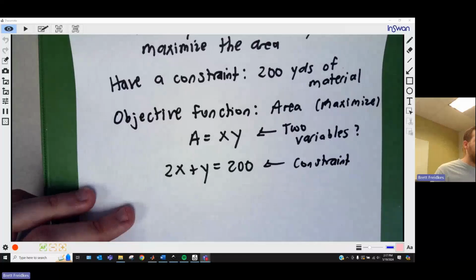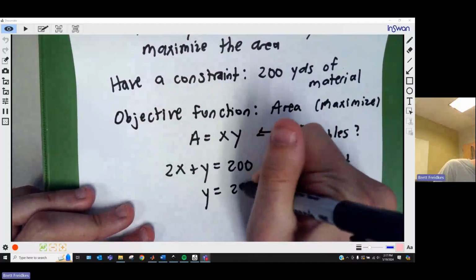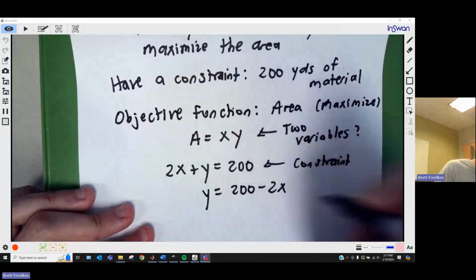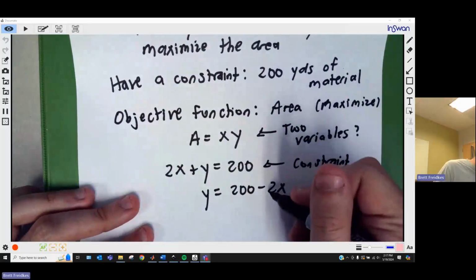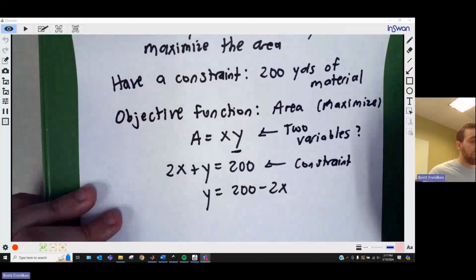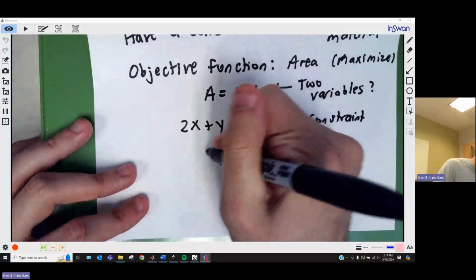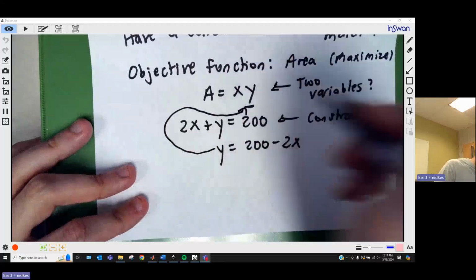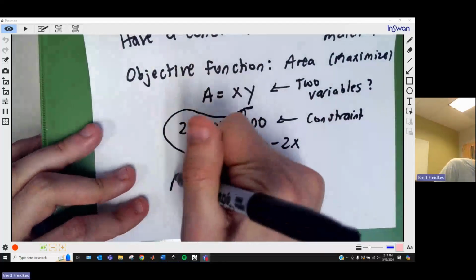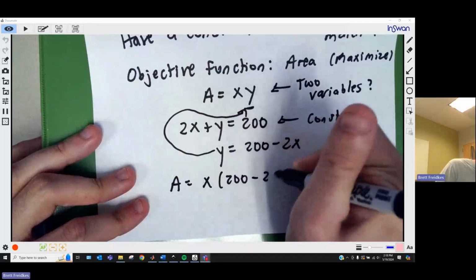So what we can do is a substitution. We can say that y is equal to 200 minus 2x. And now that we have an expression for y in terms of x, we can plug that in right here, and then we have an equation that's just in terms of one variable, just x. So our area will now become x times (200 minus 2x).